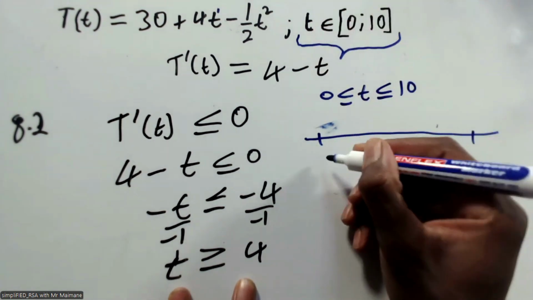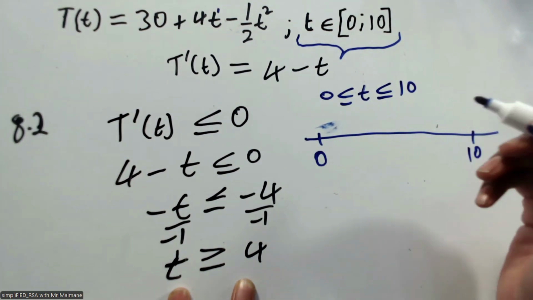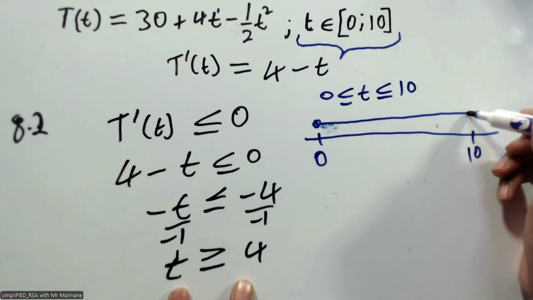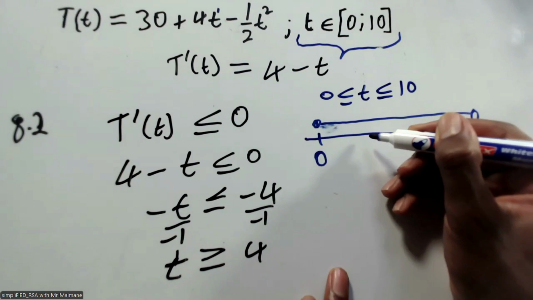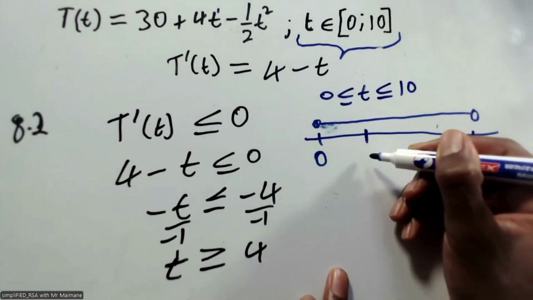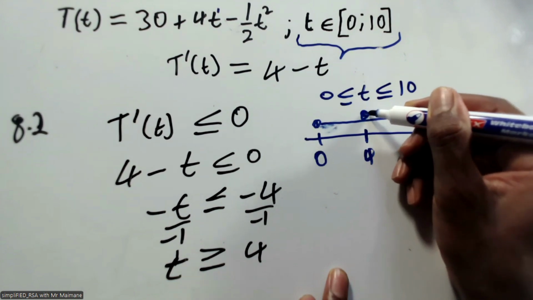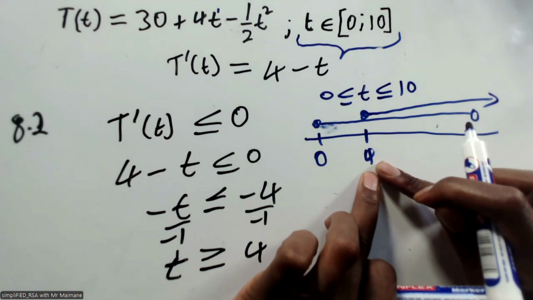So our given interval is that t is between 0 and 10, right? And we are told that by definition, that's where our solution goes. It goes like that. But here, when t is greater than 4, that's when the temperature is decreasing.